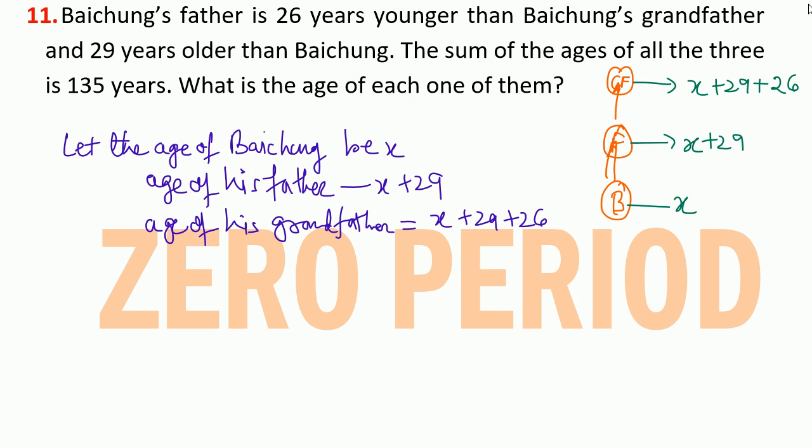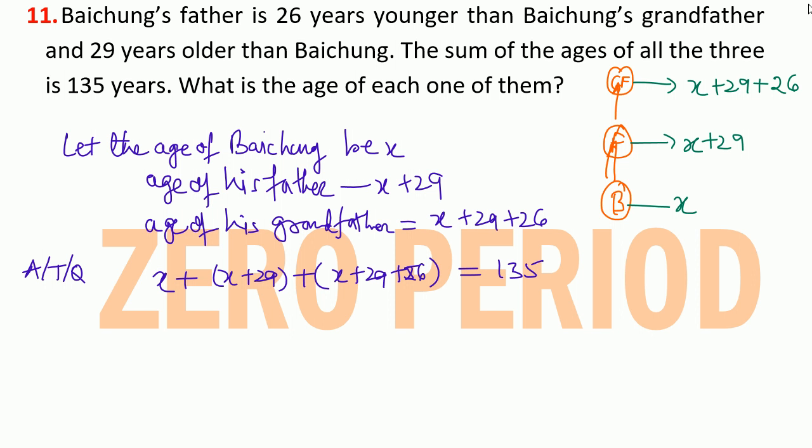Now the sum of all these ages is 135. So according to the question, X plus 29 plus X plus 29 plus 26 will be 135.